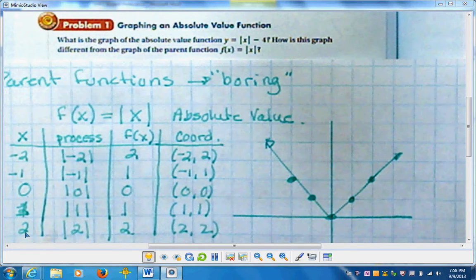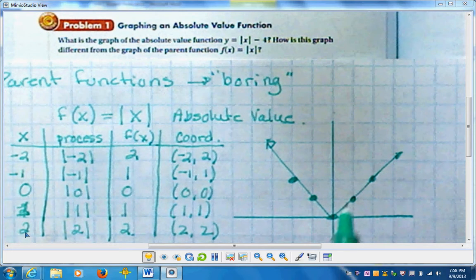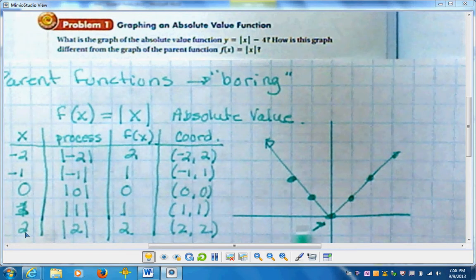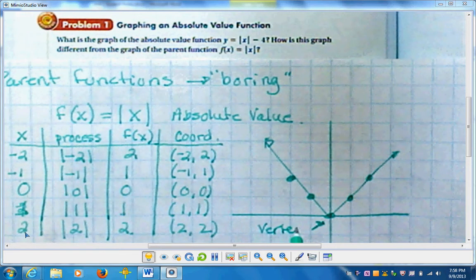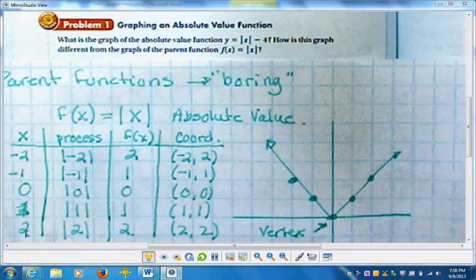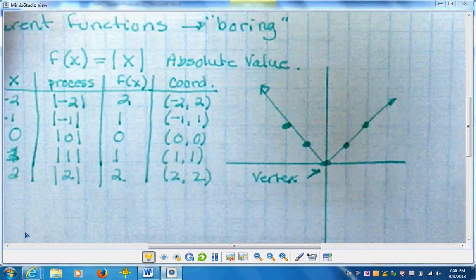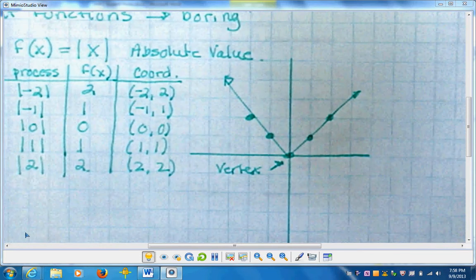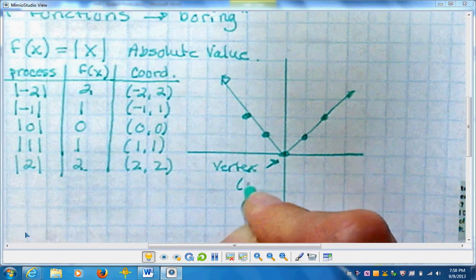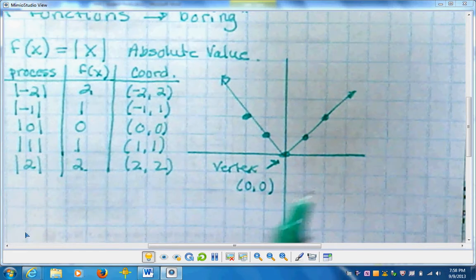So let's look at some unique features of the parent function. Well, first of all, my vertex, which is right here, that's my vertex, and that's at the point (0, 0). So my vertex is at (0, 0), right here.